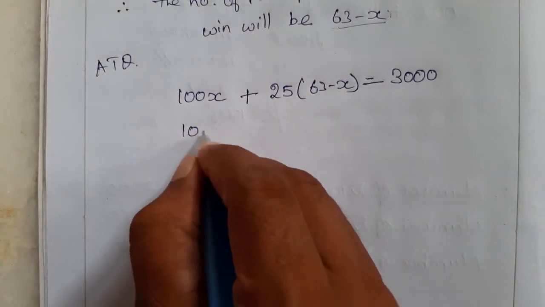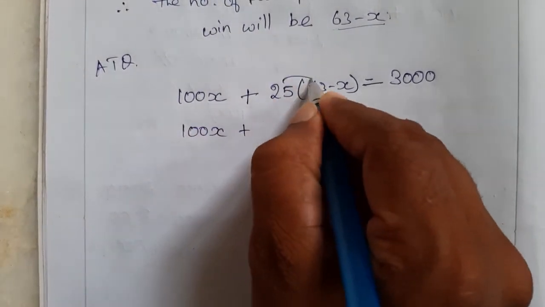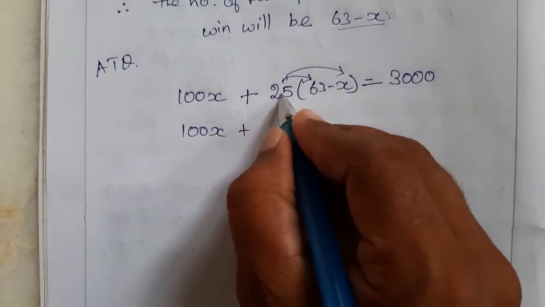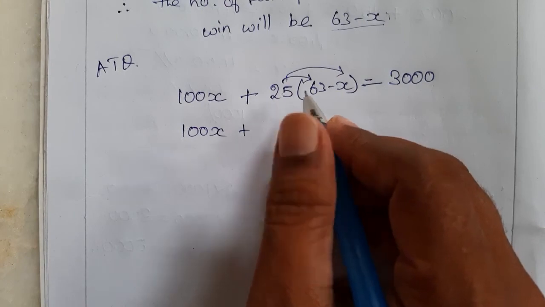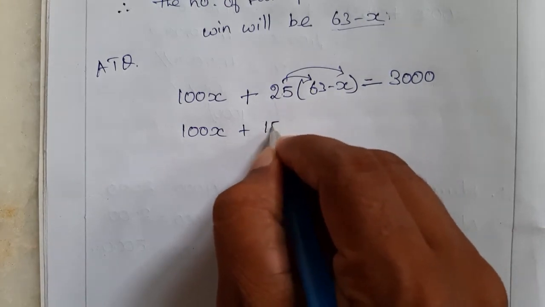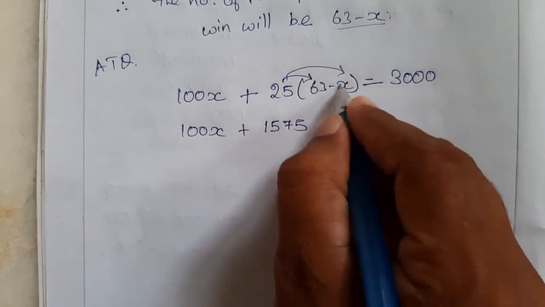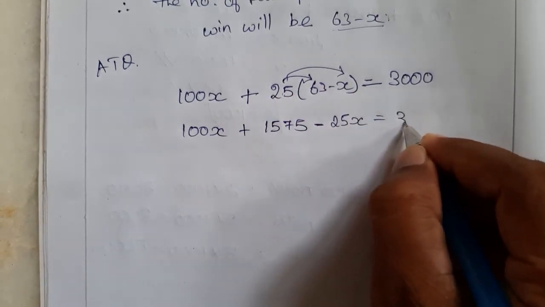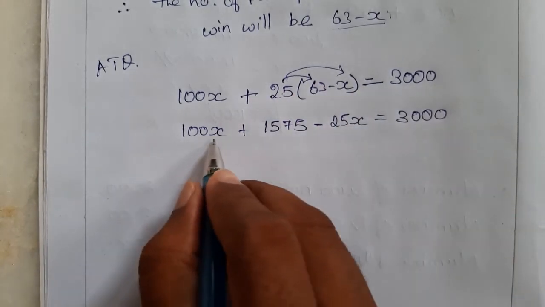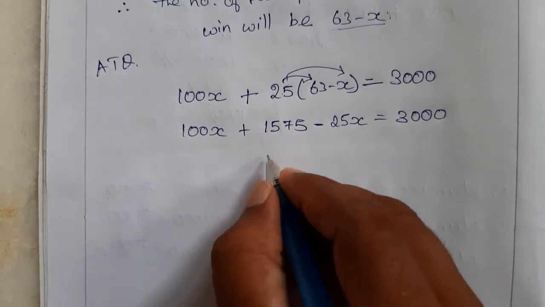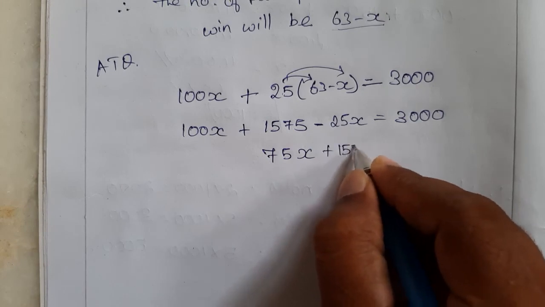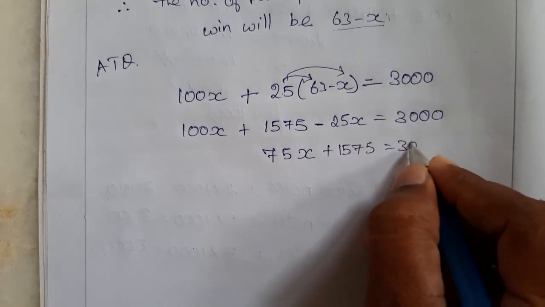So it will be 100x plus, the 25 will multiply on both terms. So 25 into 63 will become 1575, and plus into minus is minus, 25 into x is 25x, is equal to 3000. So 100x minus 25x is 75x, plus 1575 is equal to 3000.